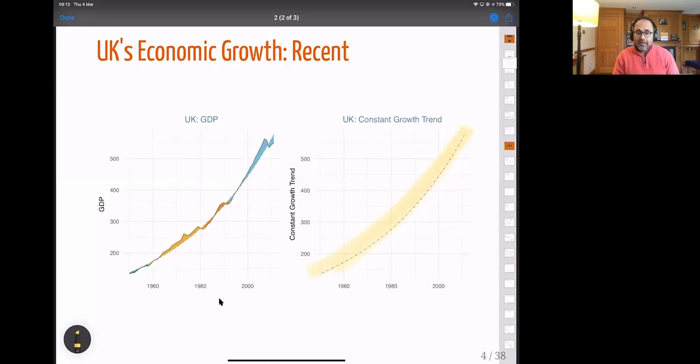What that basically means is this: if we take 1950 until 2017, and assume that the economy grows at a constant rate but reaches exactly where we are in 2015, then that path would look like this. Now, the economy has deviated from this. In the 60s, the economy was growing at a faster rate than the constant growth trend. Then at some point it goes down, goes up again. It deviates from this constant growth trend.